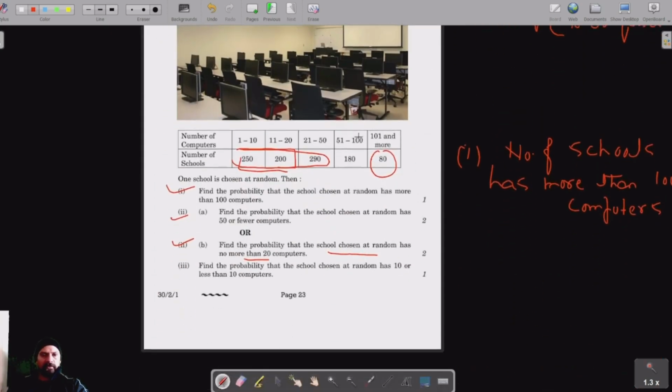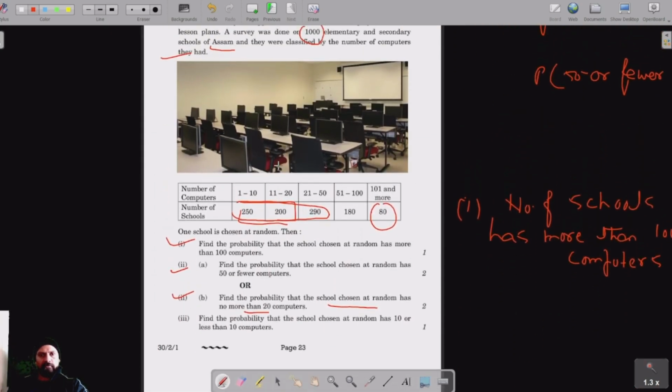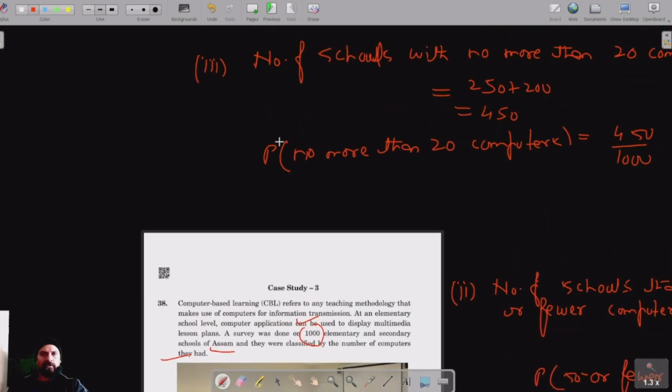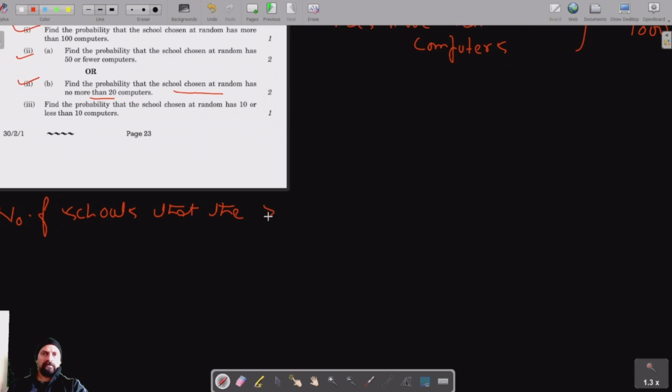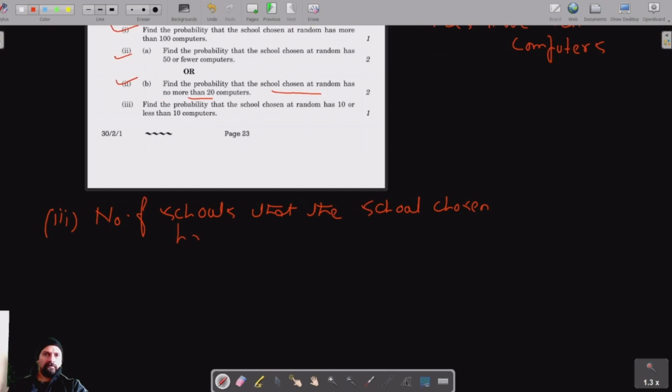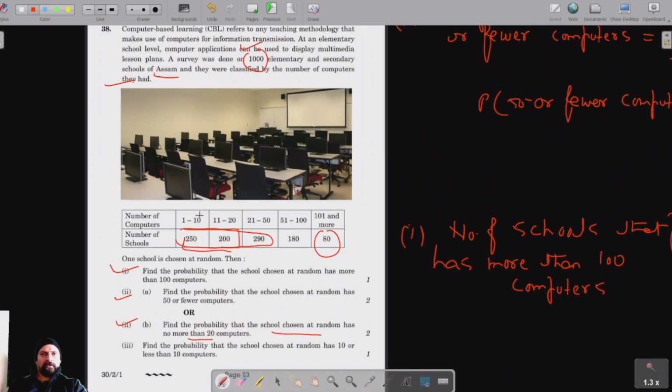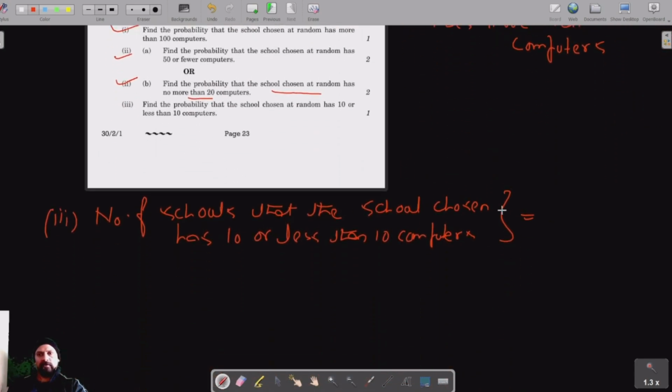Okay, now the last one, which is the probability that a school chosen at random has 10 or less than 10 computers. Let's first write down the number of schools that have 10 or less than 10 computers, which are 250.